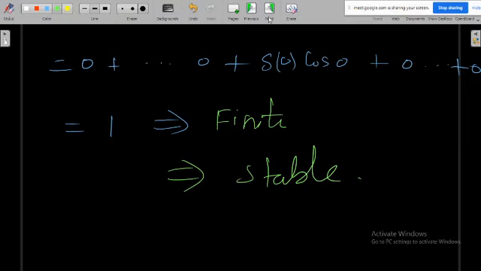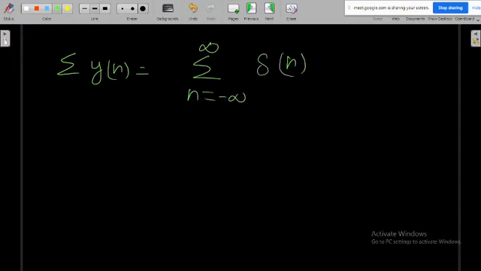So the area under this signal is finite, so this is stable. So then how to calculate this? What is the formula behind this that we should know? Say we are calculating summation y of n, that is summation n from minus infinity to plus infinity of delta n cos of omega n. So what we have to do here?